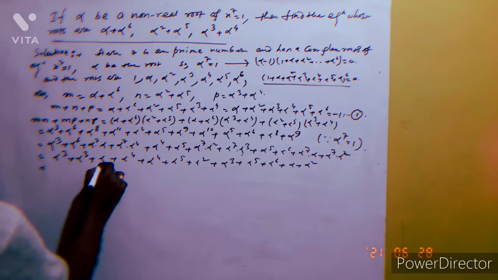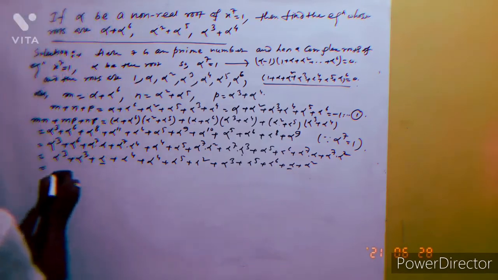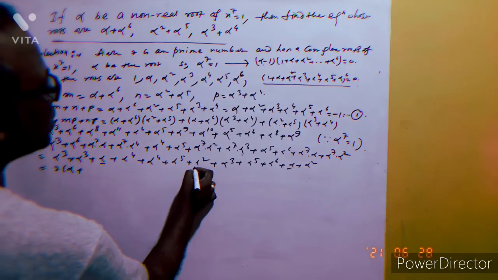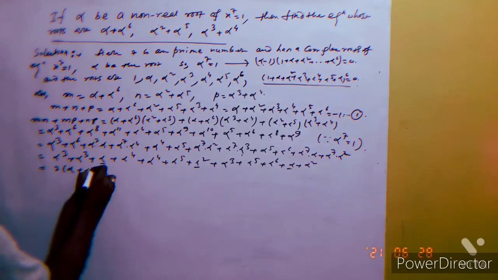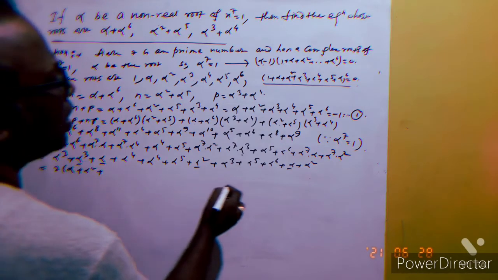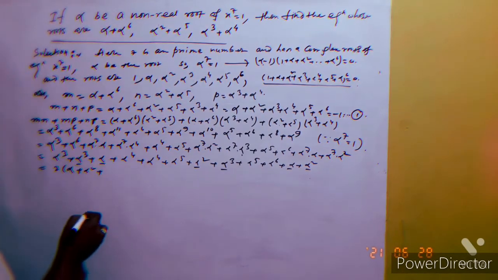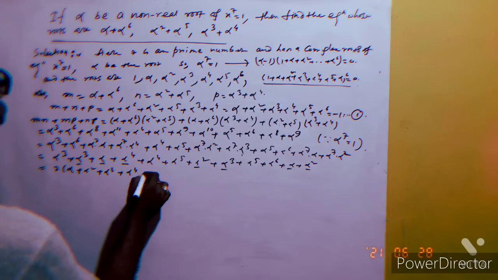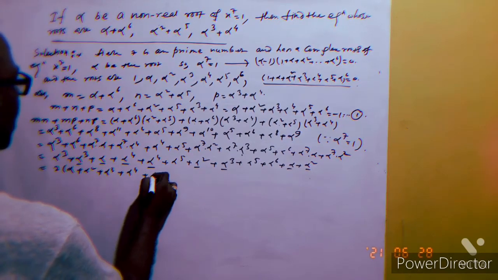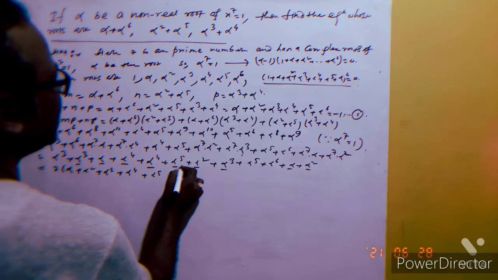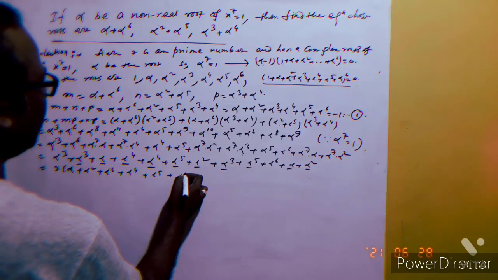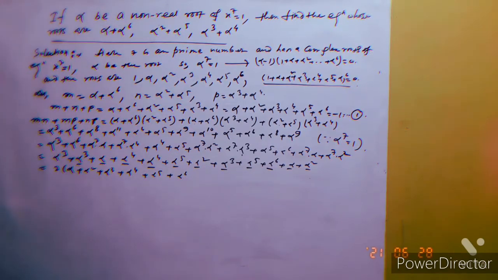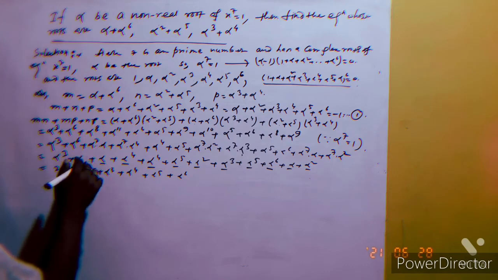So we take a common alpha, so then alpha square, this is square and this is square, okay, alpha cube, this is a cube, okay, alpha cube, alpha to the power 4, this is your 4, this is your 4, okay, alpha to the power 5, this is your 5 and this is your 5, alpha to the power 6, oh I have written wrongly, this is your 6, sorry.